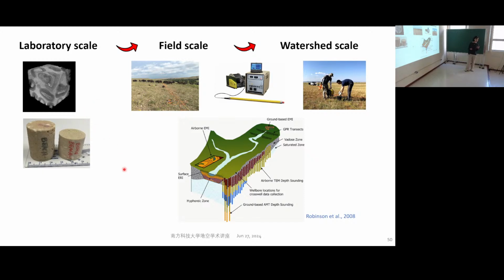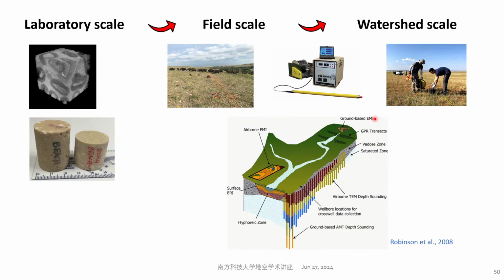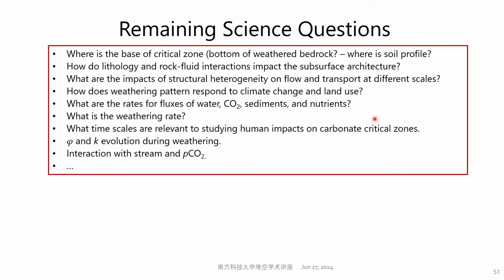So you probably can tell, we've done a lot of laboratory measurements, and also tried to link with the field scale, and eventually we definitely want to link with either a conceptual or numerical hydrological model of the entire watershed, to leverage the hydroclimate data and also use existing monitoring wells data, and put all the data sets together to build a very good conceptual model to understand the water flow. So with this, I think there are a lot of remaining science questions.